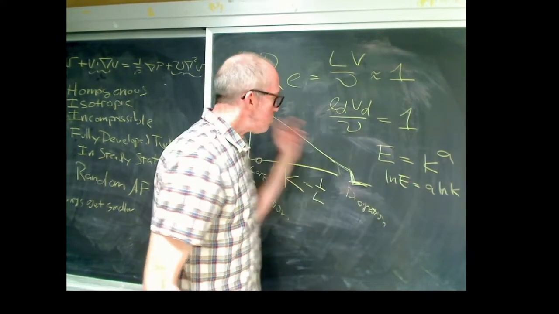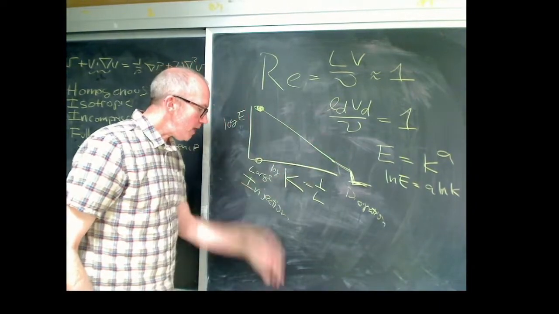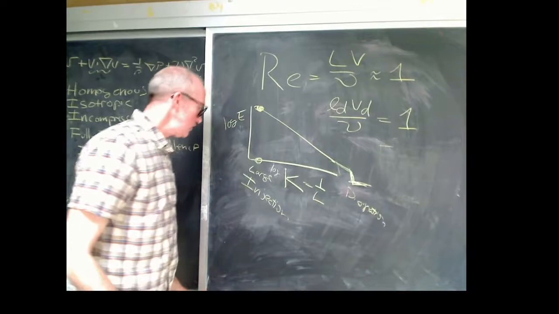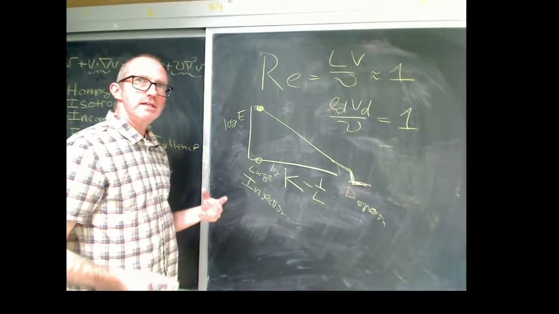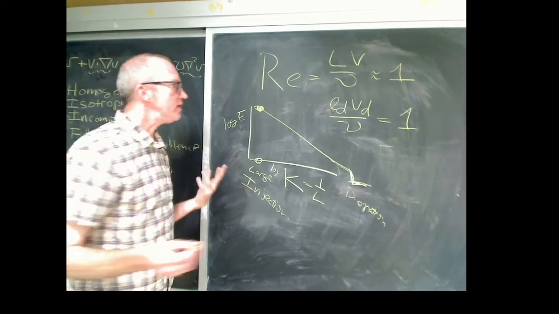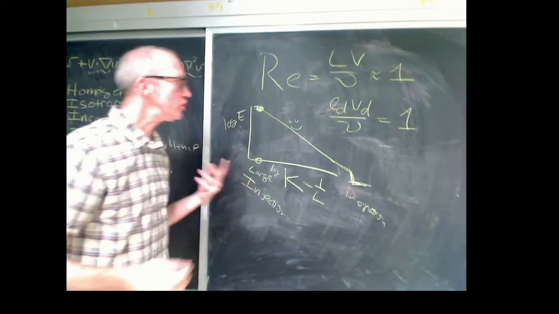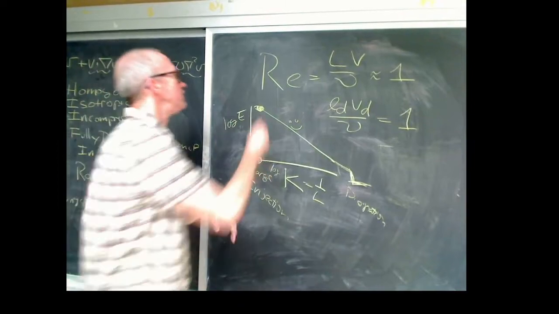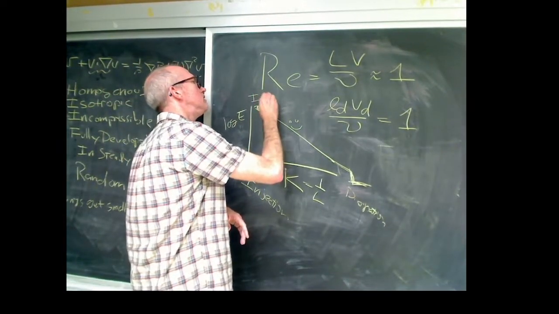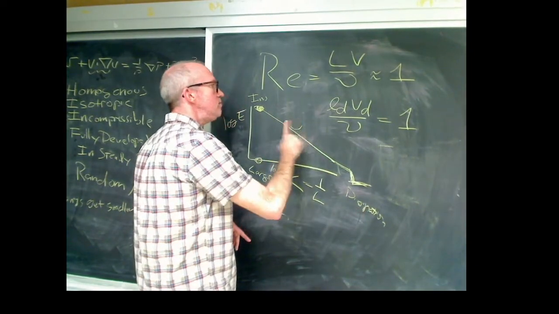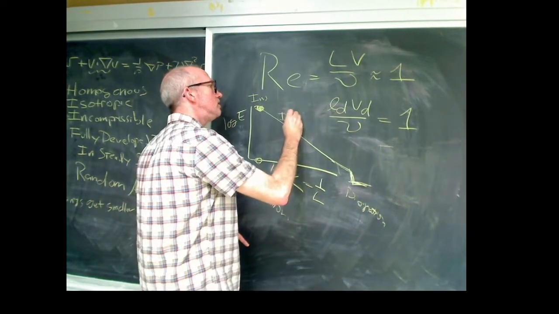So in a log-log plot, power laws are lines, and this becomes a power law. I'll show you why. So where does the energy go? If I'm sitting right here, I'm in the inertial range. We call this part the injection scale. This part is the dissipation scale. This in the middle is called the inertial range.